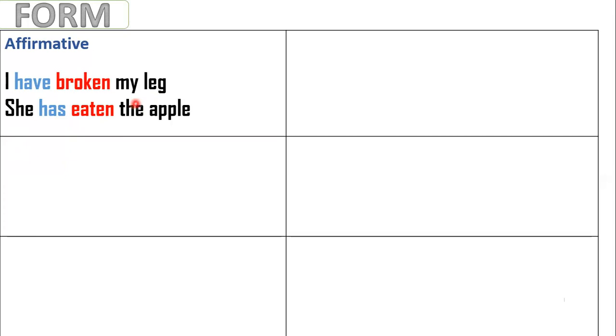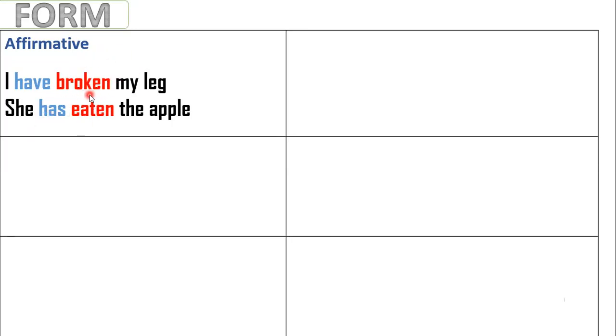Now, just like we did with the past simple, try to give me the rule of the form of the present perfect in the affirmative sentence. So I have broken my leg. Subject, yes, plus, very good, have or has, plus, what is this?